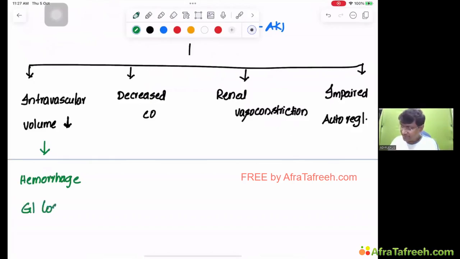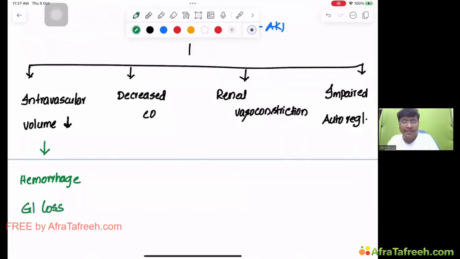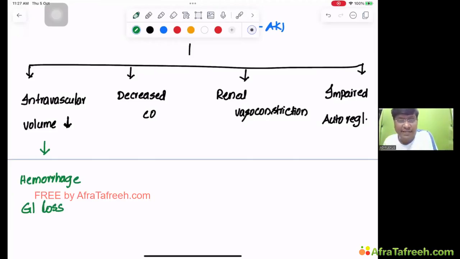Next is gastrointestinal loss. The patient says that there is excessive vomiting, nearly 10 to 15 episodes of large volumes of vomiting. So the fluid volume reduces. Or you take diarrhea. Patient says almost 10 to 15 episodes of loose watery diarrhea. So that can reduce the intravascular volume.